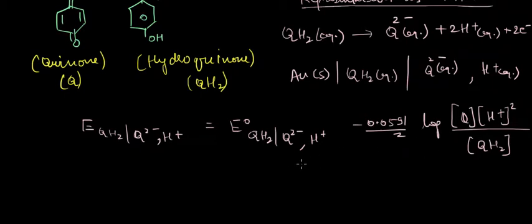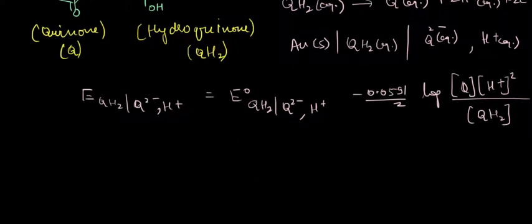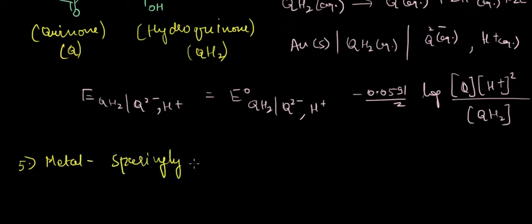Then we have the fifth type of reversible electrode, wherein we will be seeing the metal and sparingly soluble salt electrode.